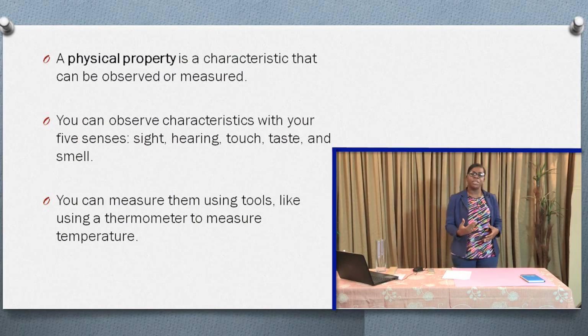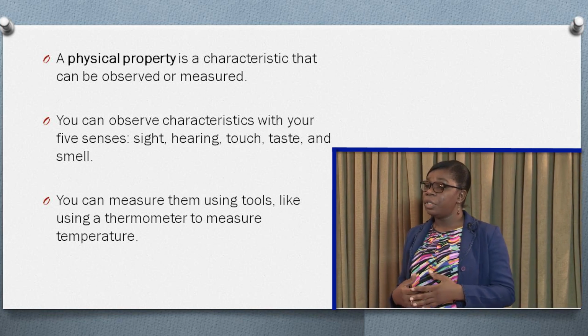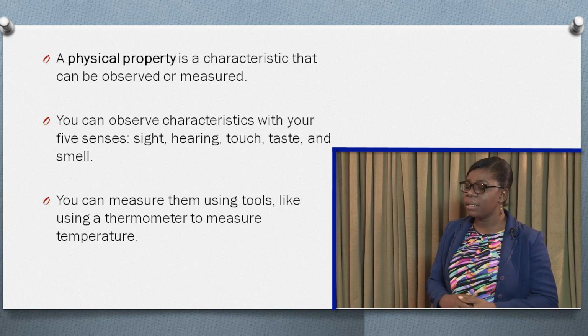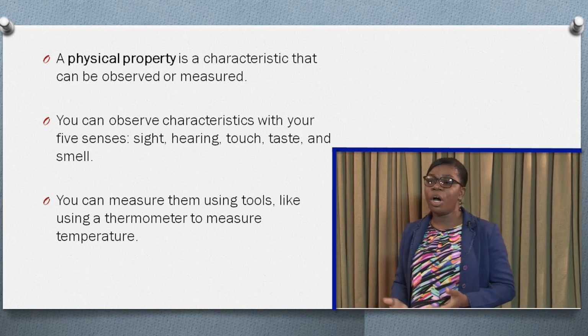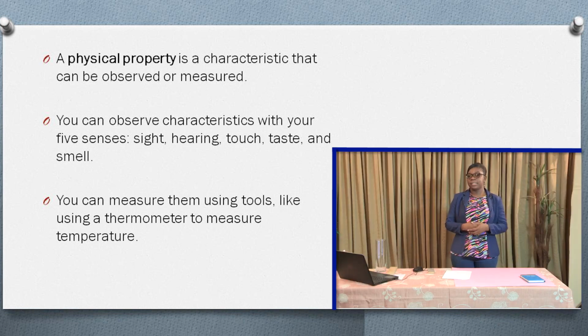Also, we can identify physical properties by measuring them using tools such as a thermometer, which tells you how hot or cold something is. We can use a ruler, which measures how long or short something is, or even a balance to tell you how much mass a substance has, maybe how heavy or light it is. Good? So that is it for physical properties, a characteristic that can be observed or measured.